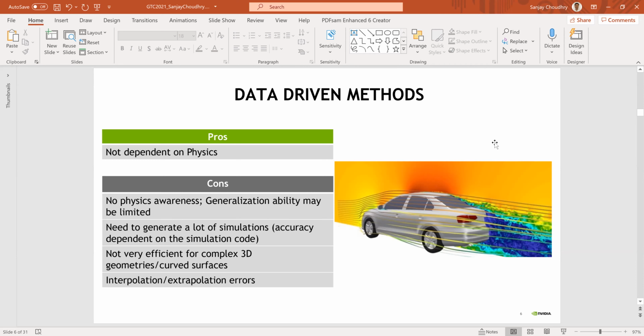So there is a lot of variability. And so these simulations that the neural network is learning happily are limited by those things themselves.